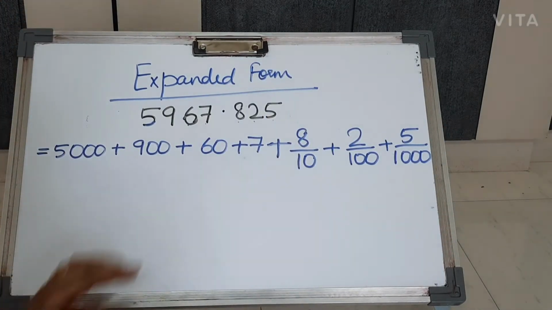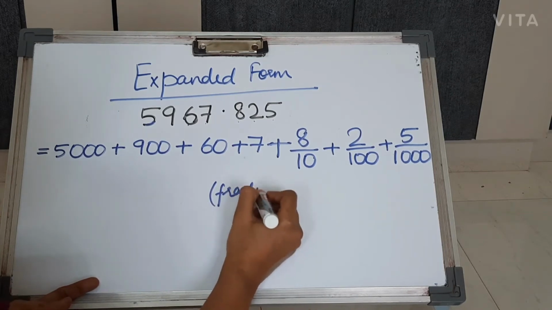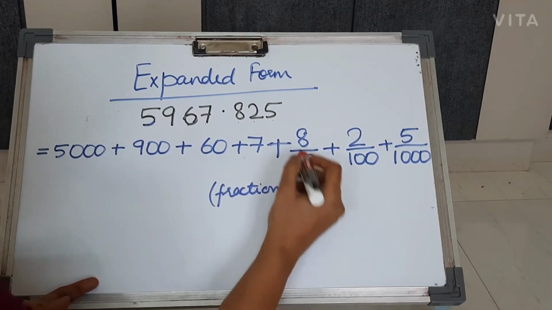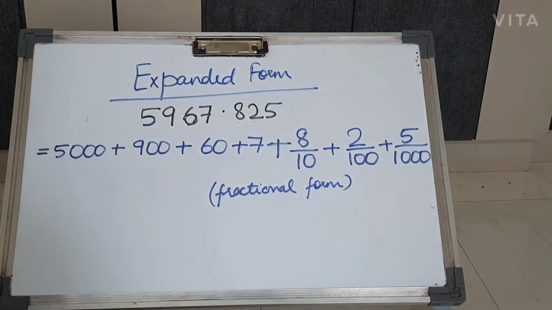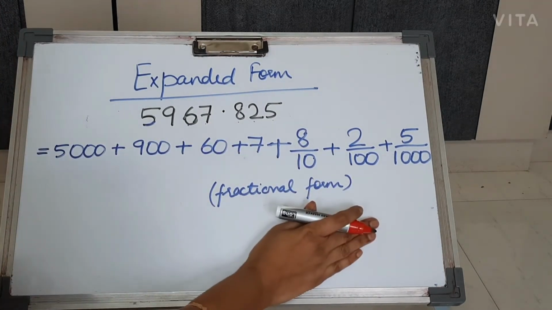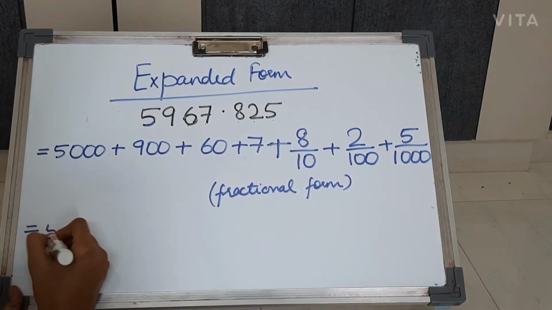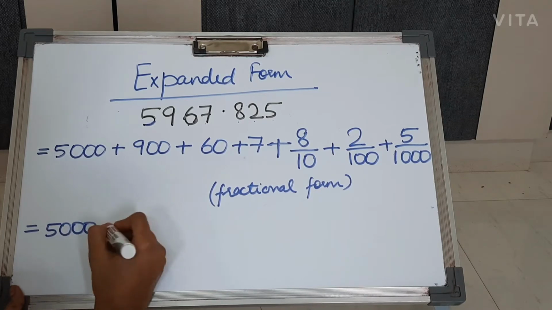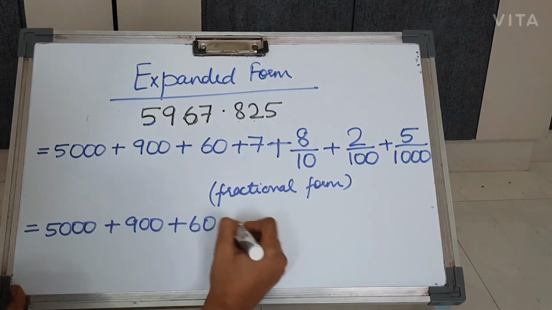This is the fractional form, because it is seen as fraction values. Now we will convert this into decimal form: 5000 as it is, plus 900 plus 60 plus 7.